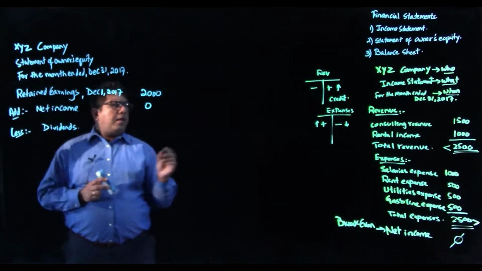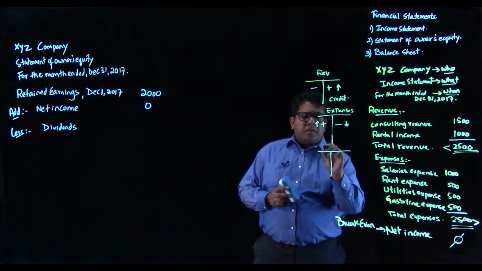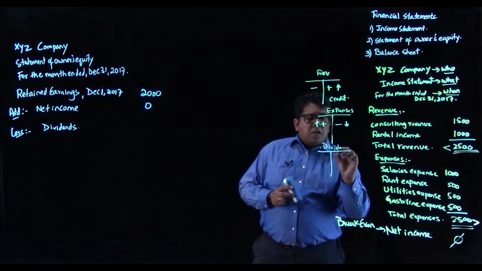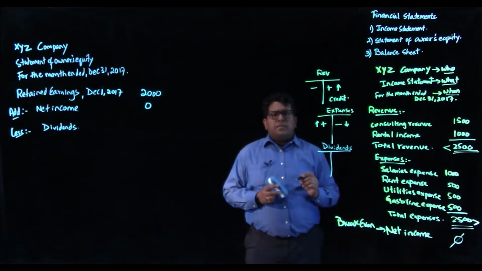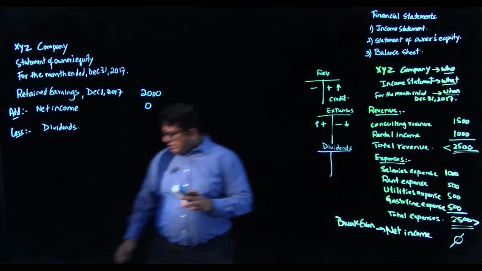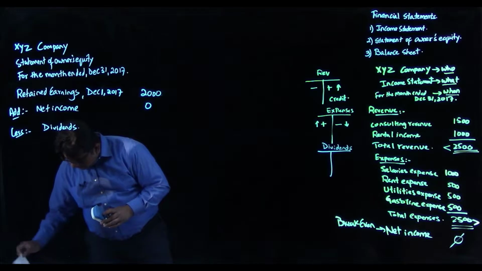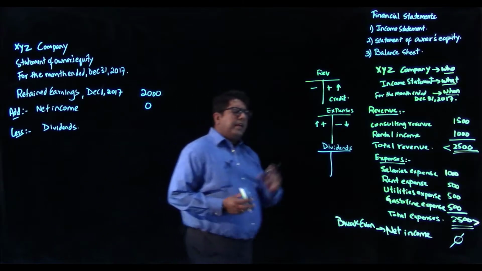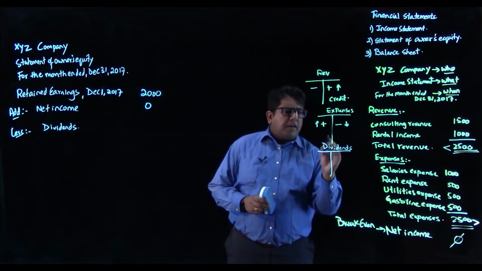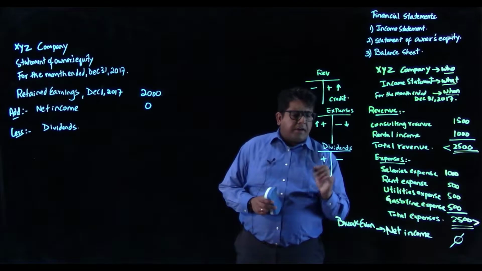Our dividends we paid out. Dividends are always paid out. So when you make the T account for dividends, what happens is that you increase on the left-hand side and they decrease on the right-hand side.